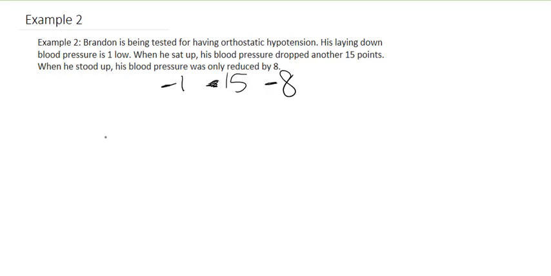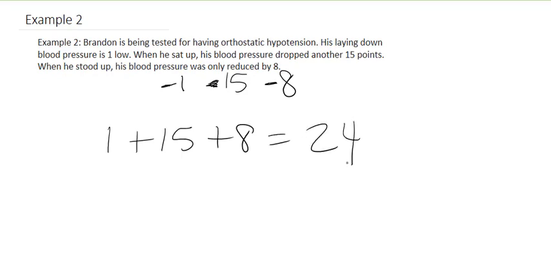So, we have 1 plus 15 plus 8. Now, that equals 24. But because we moved to the left, the blood pressure was dropping, we need to place a negative sign in front of the number 24. This is our answer.